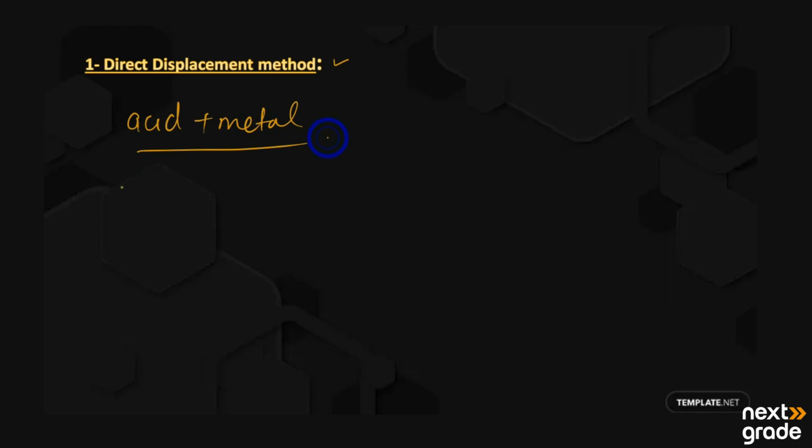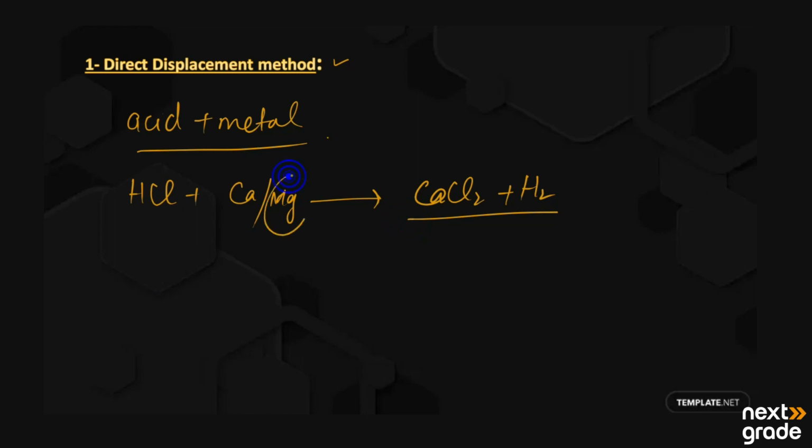Let's have another example. For the acid we have HCl, and for the metal we can have calcium or magnesium. The product we gain is calcium chloride along with the production of hydrogen. And when we have the reaction with magnesium, we gain magnesium chloride and hydrogen gas.